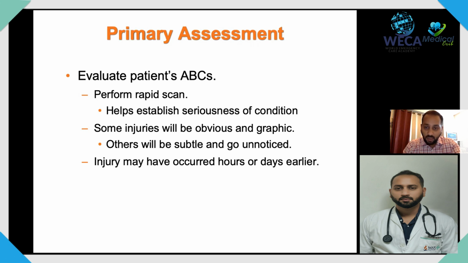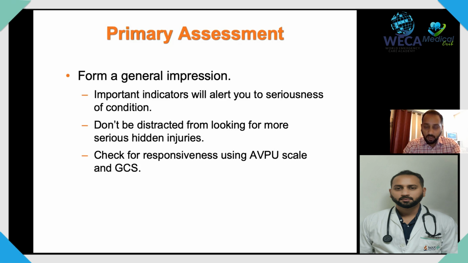Some injuries may have occurred hours or days earlier. So we need to make a general impression, using important indicators that can give us an idea of how serious the condition is. Some injuries may be very graphic in nature, so we should not be distracted from looking for more serious hidden injuries.